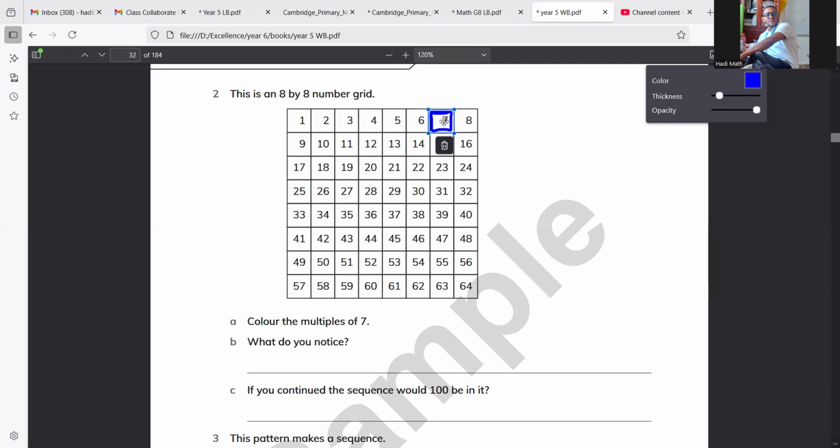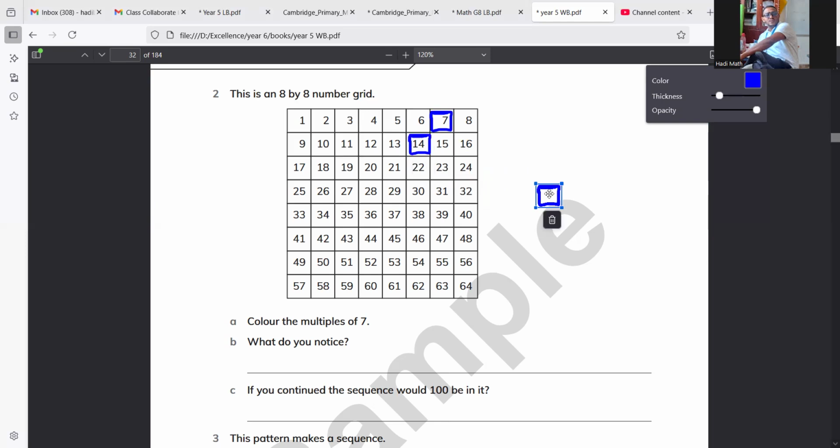Okay, so we're going to draw all around. So we say 7 is a multiple of 7. What after 7? We have 14 because 7 multiplied by 2 is 14.